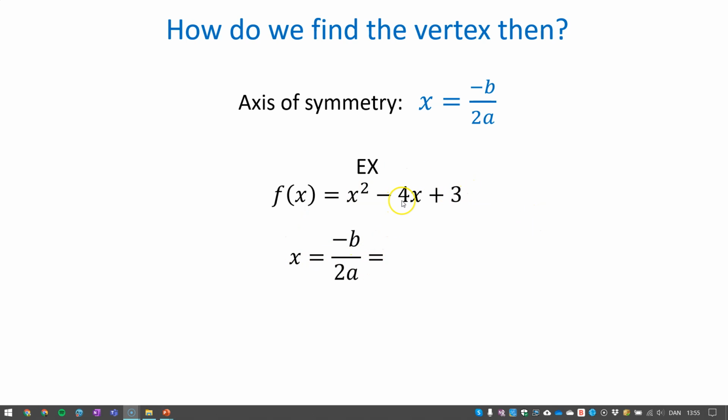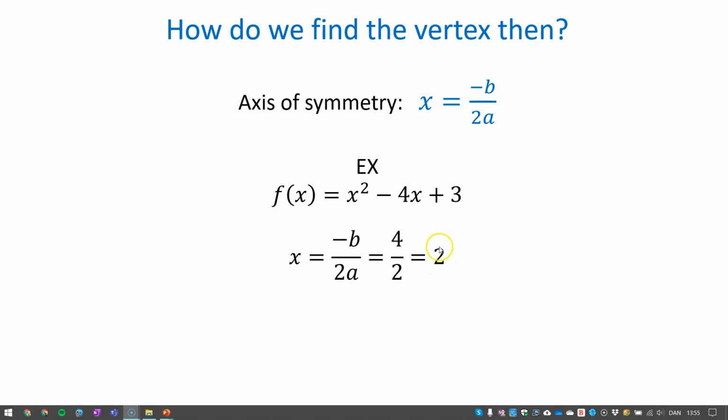In this case b is negative 4, so minus b would be positive 4, and a is 1, so 2 times a is going to be 2. And then 4 divided by 2 is just going to be 2. So I know that the vertex is going to have the x-coordinate of 2, because the axis of symmetry is x equals 2.